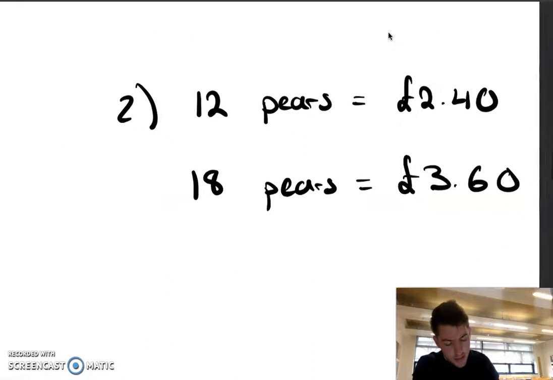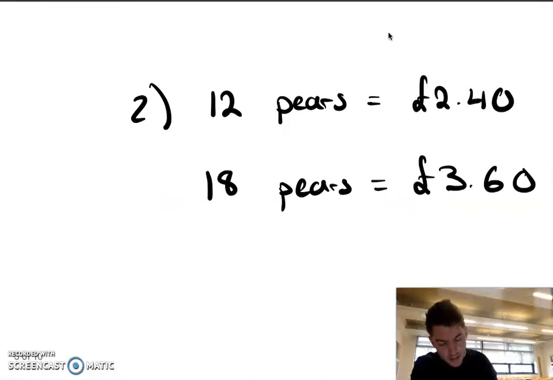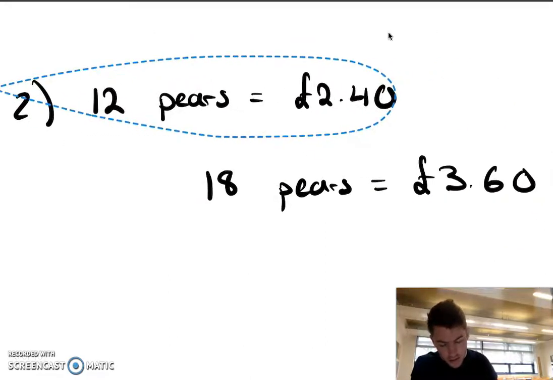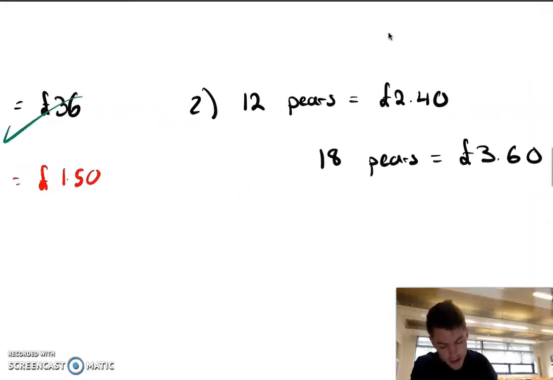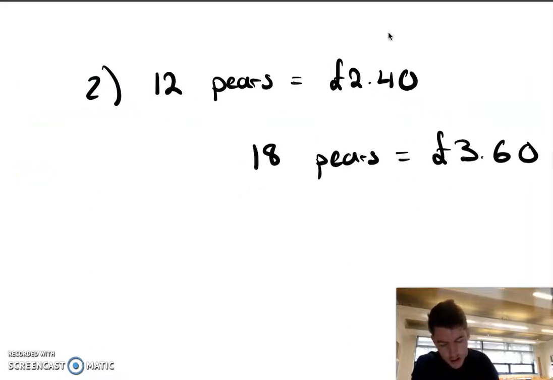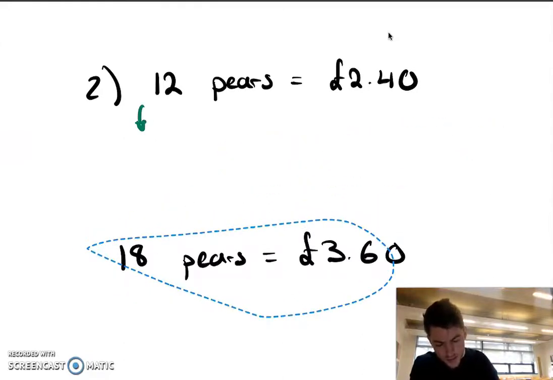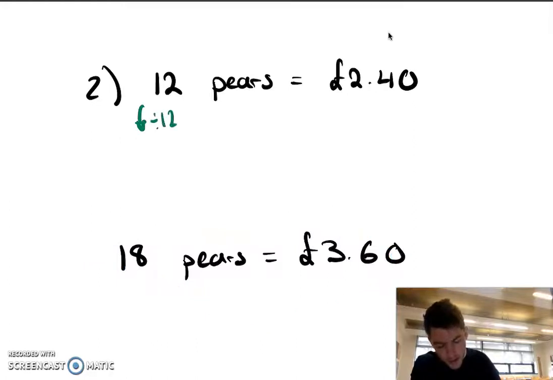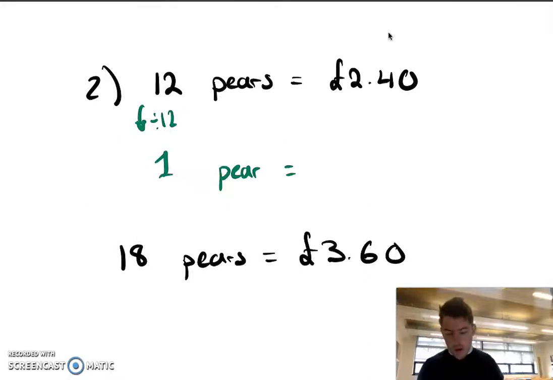Okay, let's look at this example here. We've got 12 pairs equal £2.40. And we've got 18 pairs. So to get one pair, we're going to divide by 12. One pair equals £2.40 divided by 12. And by the way, all these questions are calculator questions, equals 0.20, so 20 pence.